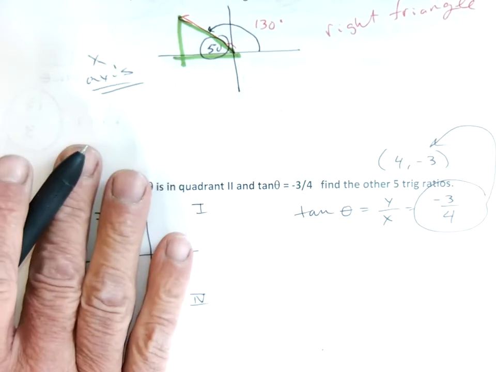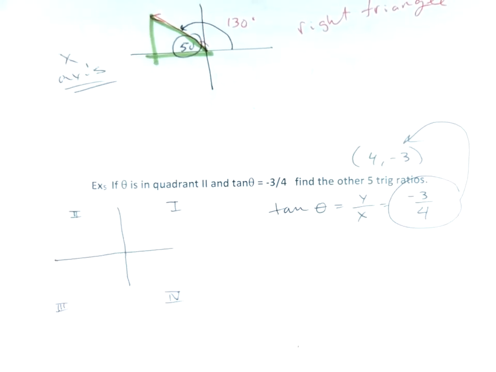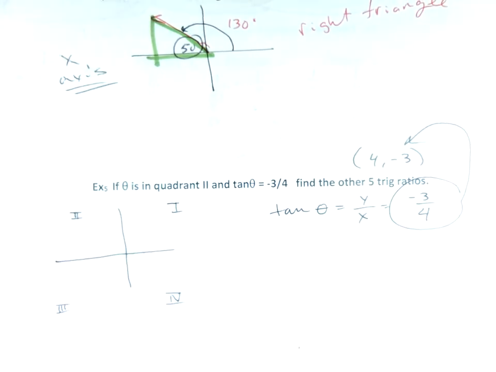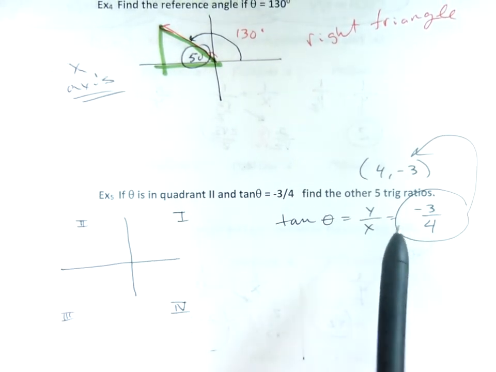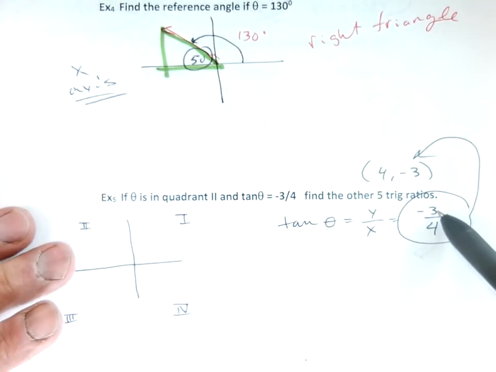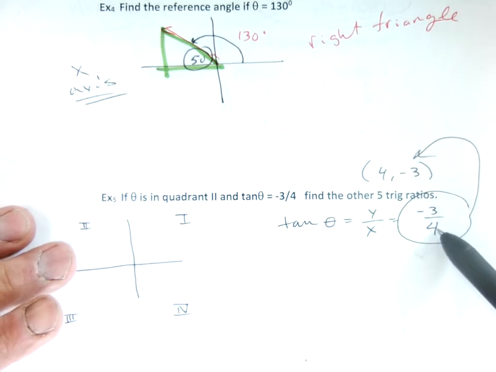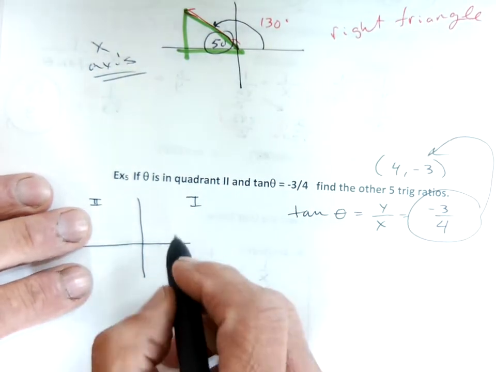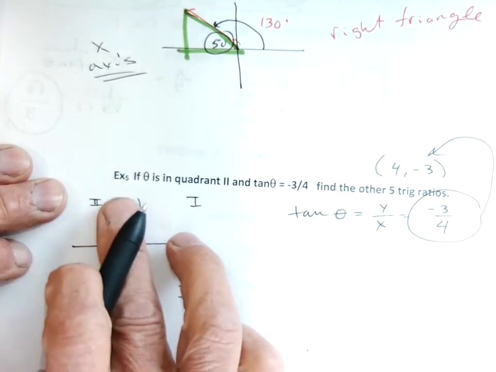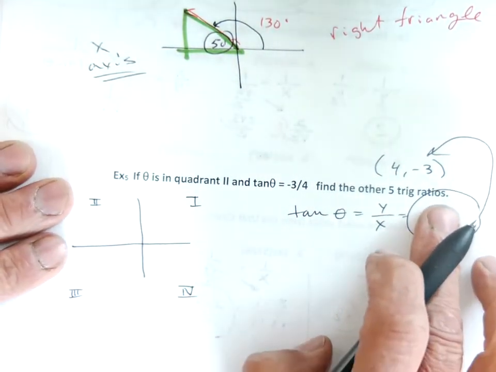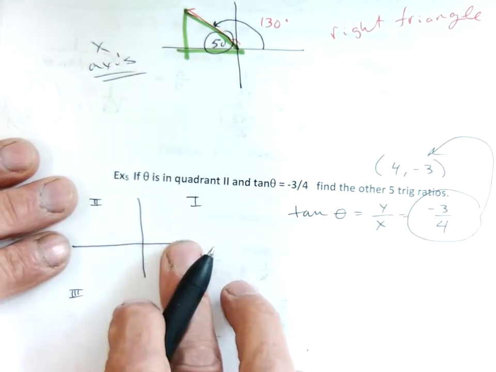I'll let you think about what I just wrote, right? So this is not on a unit circle because it doesn't have a radius of 1. Tangent is a y value over an x value, so I know my y value is -3 and my x value is 4. This doesn't make sense. I can't get into quadrant 2. If it's really 4, negative 3, it puts me in quadrant 4.